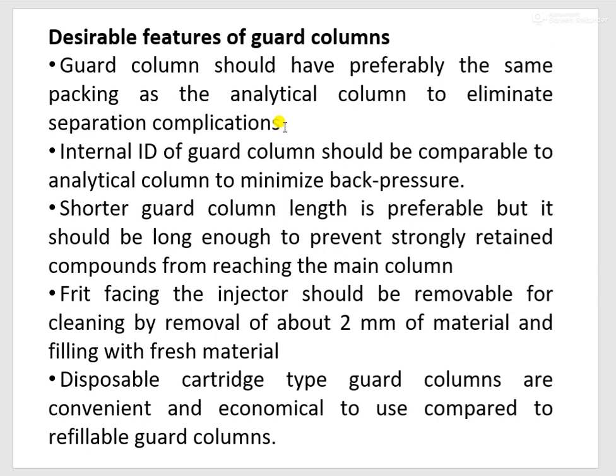The internal diameter of the guard column should be comparable to that of the analytical column to minimize back pressure. So ideally the internal diameter of the guard column should match, or be similar to, the internal diameter of the analytical column.